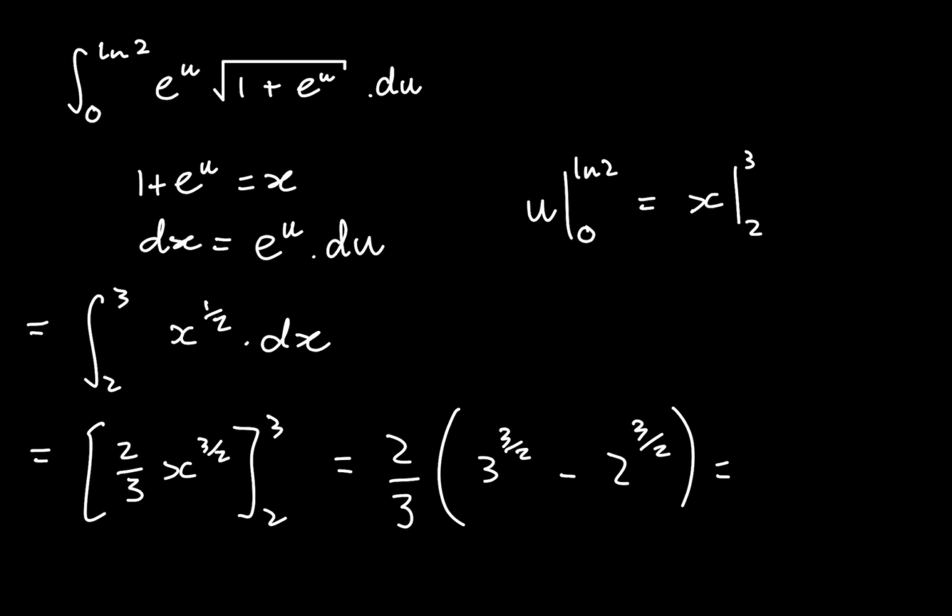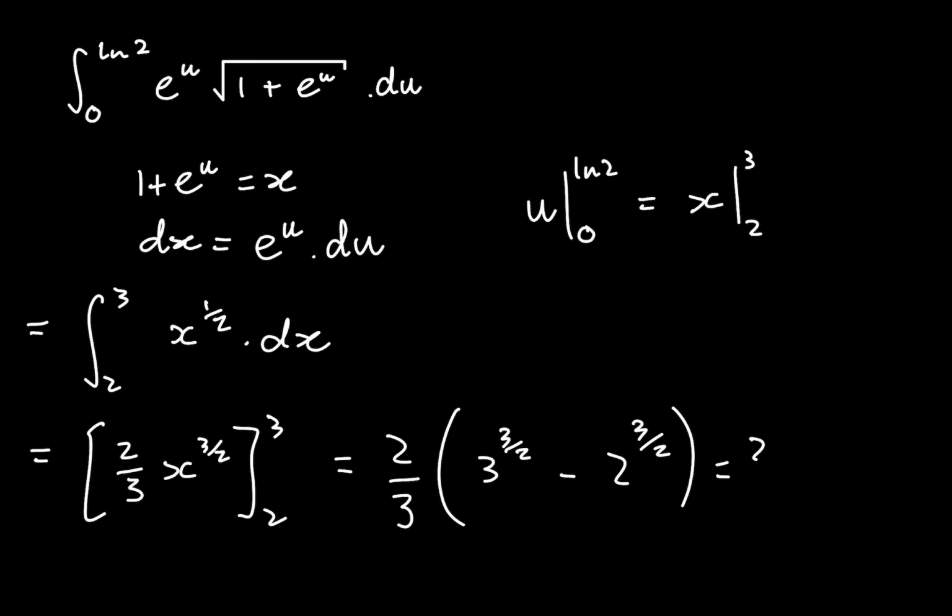Okay, and now 3 to the power of 3 over 2 is 3 cubed and then square rooted. So 3 cubed is 27, and 27 square rooted can be equal to 9 times the square root of 3, which is the square root of 9 times the square root of 3, which is 3 root 3.